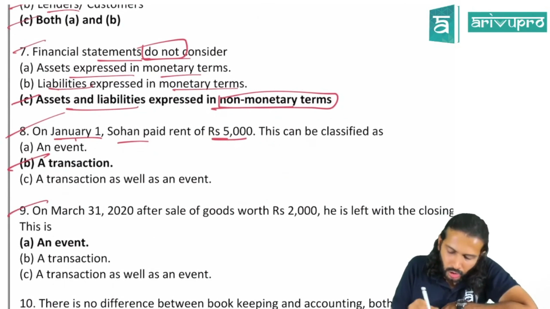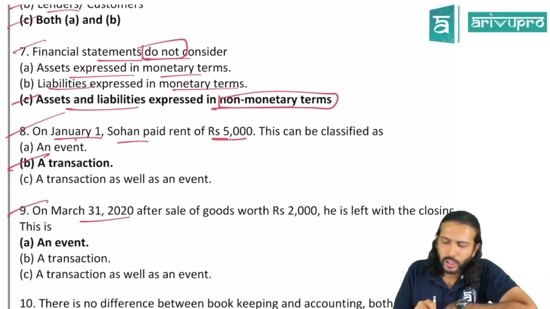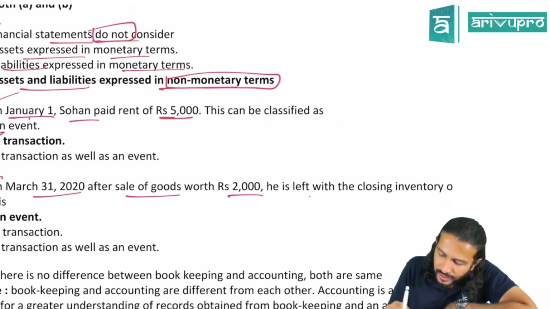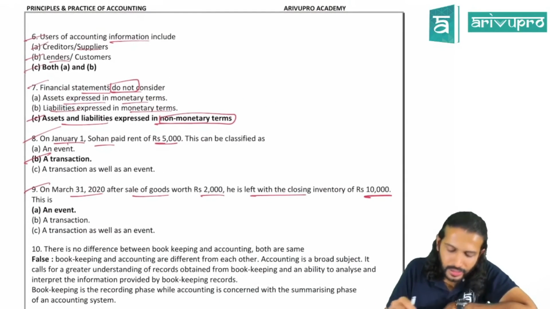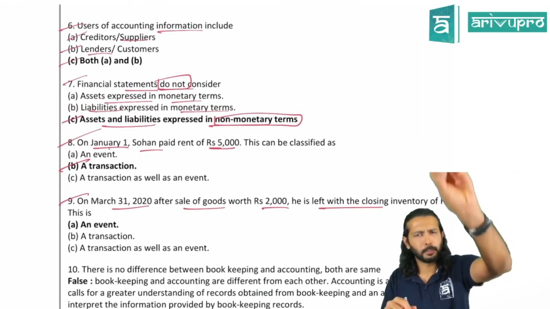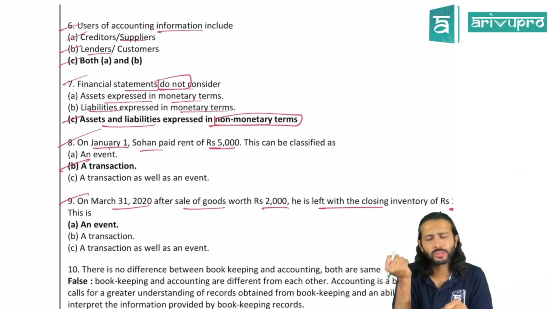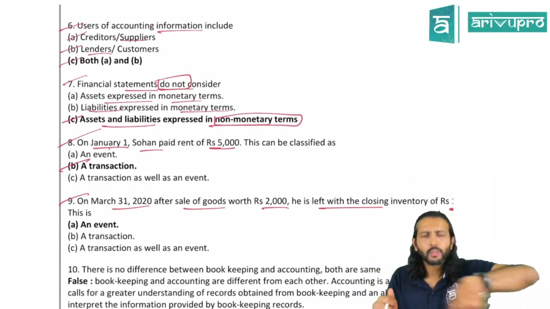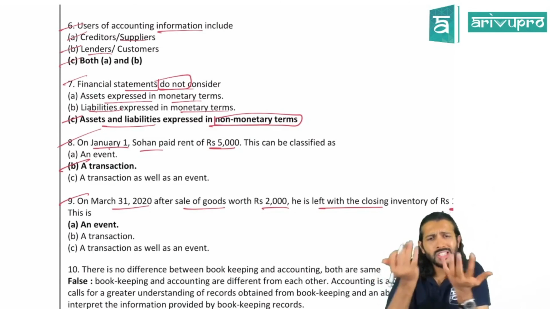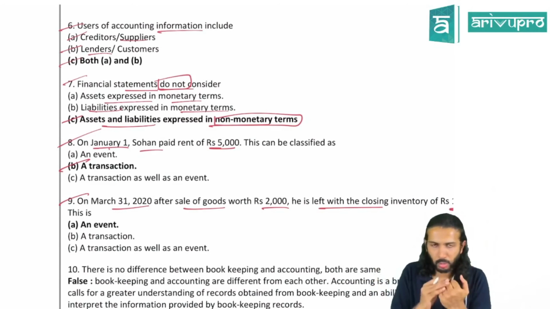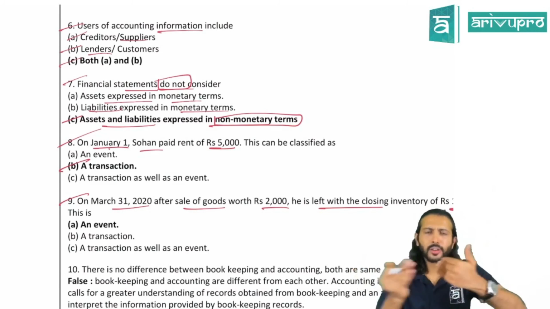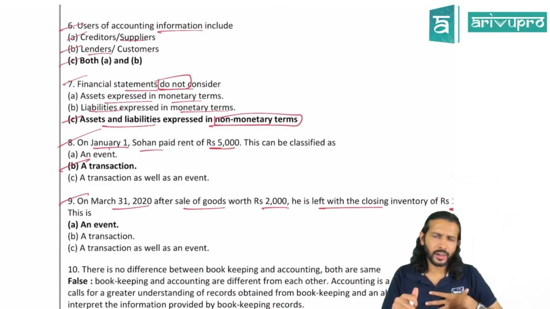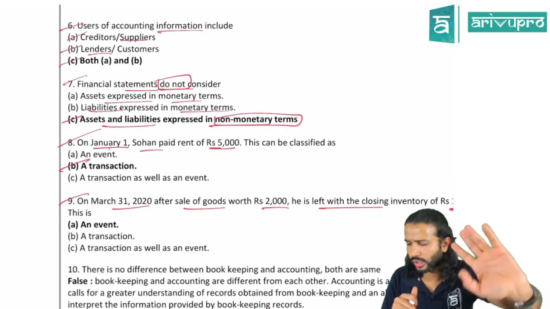Awesome. On 31st March 2020, after selling goods worth 2,000, he is left with a closing inventory of 10,000. Some company or person purchased goods and then sold goods. Even after all this activity, some goods are still remaining with him. Remember in my example, 100 I purchased, 70 I sold, 30 was remaining.